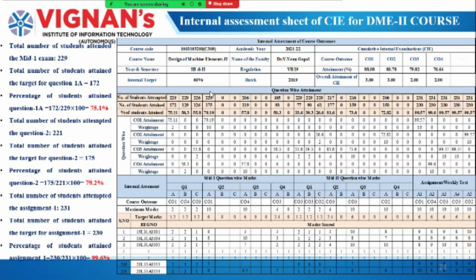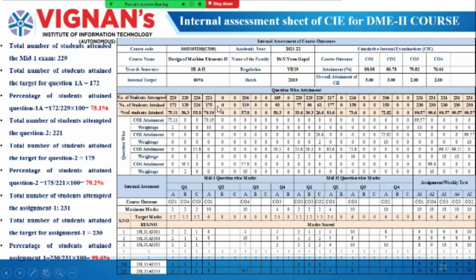Okay. Similarly, assignments. We have 5 assignments, with CO1, CO4, CO3, and CO2.